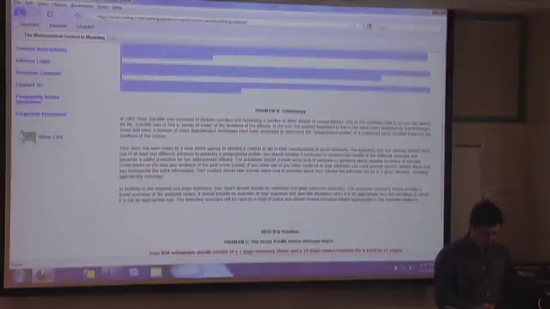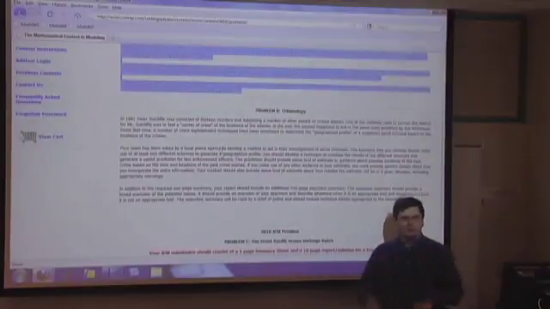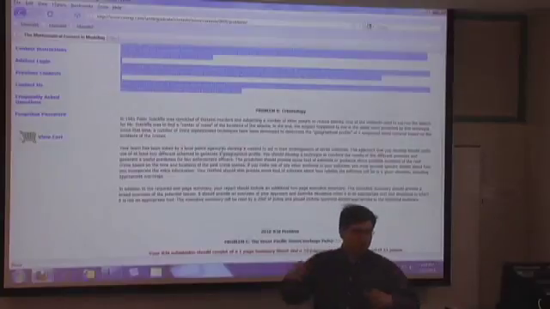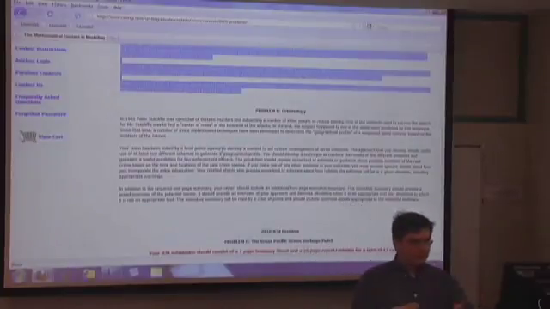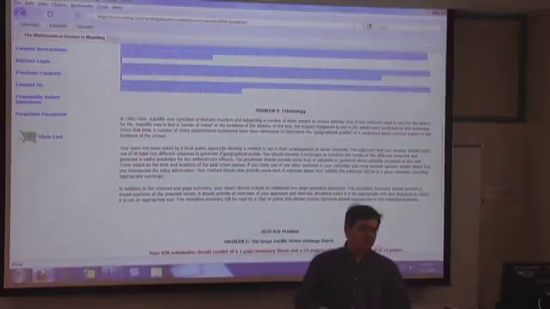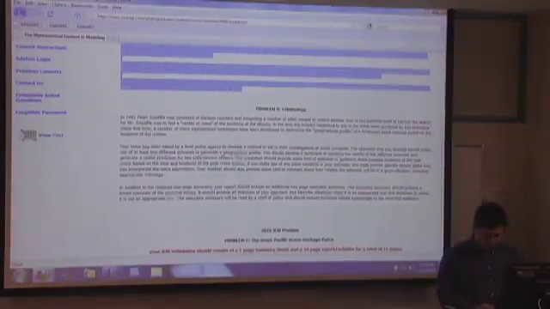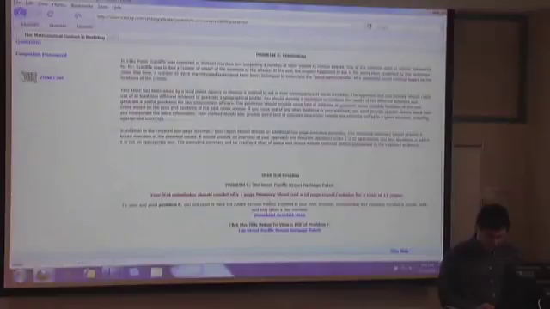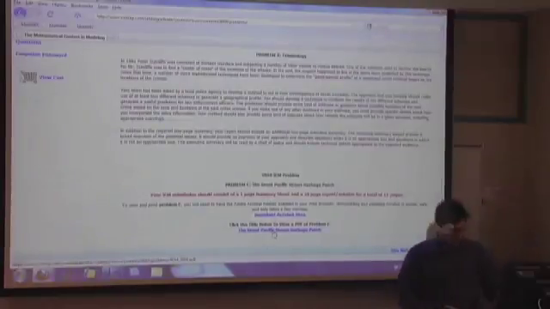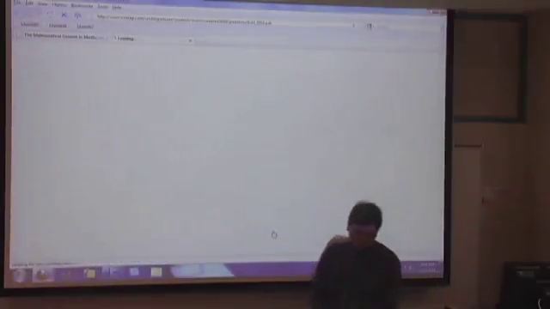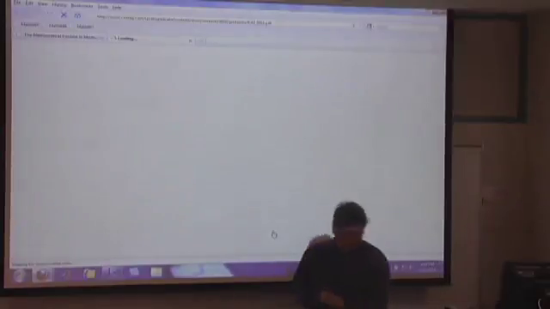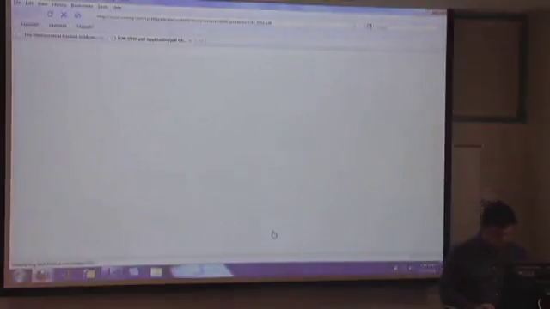The second problem has to do with geographically profiling the location of a criminal based on the crimes that he or she committed. And the last one has to do with the garbage patch in the Pacific. So it's kind of interesting.